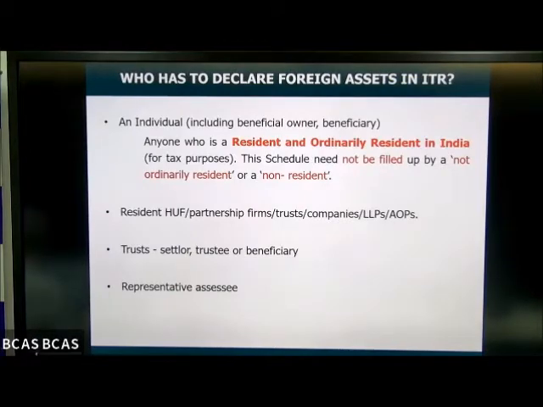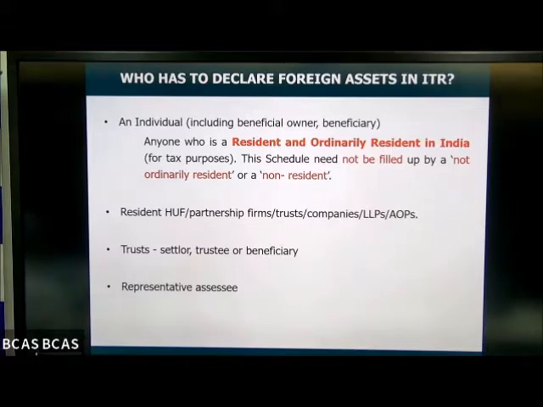Now, who has to declare the foreign assets in the Indian ITR? Any individual, including a beneficial owner or a beneficiary, who is a resident and ordinarily resident in India for tax purposes, such a person needs to declare foreign assets in the ITR. And this schedule need not be filled up by a person who is not ordinarily resident or a person who is a non-resident.